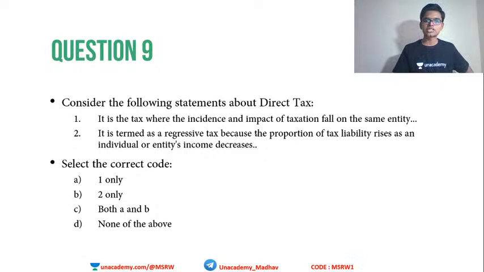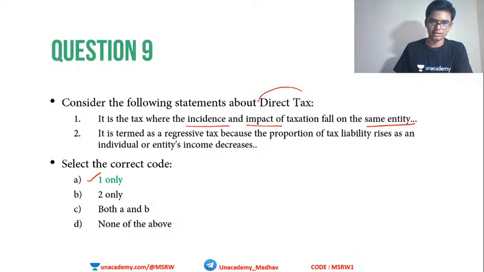Correct answer, question number 9 is option A, 1 only. So, if the incidence and the impact of taxation fall on the same entity, then it is direct tax. Otherwise, it is indirect tax. That is the basic definition. Everybody knows that. So, obviously, this one is correct.